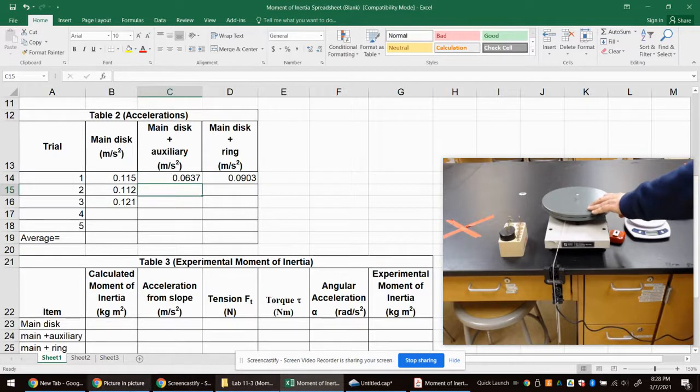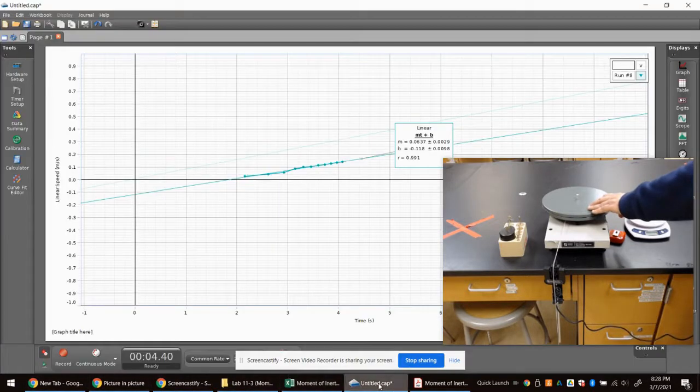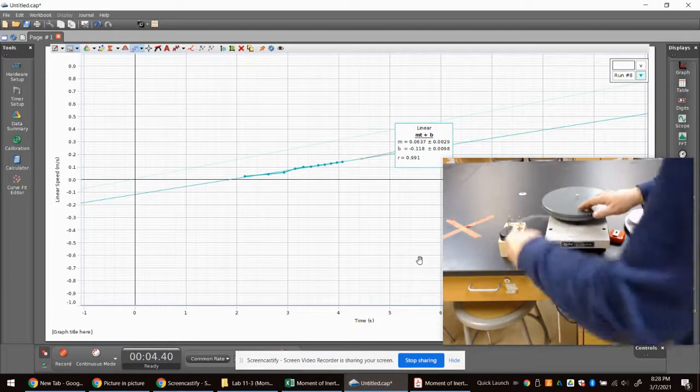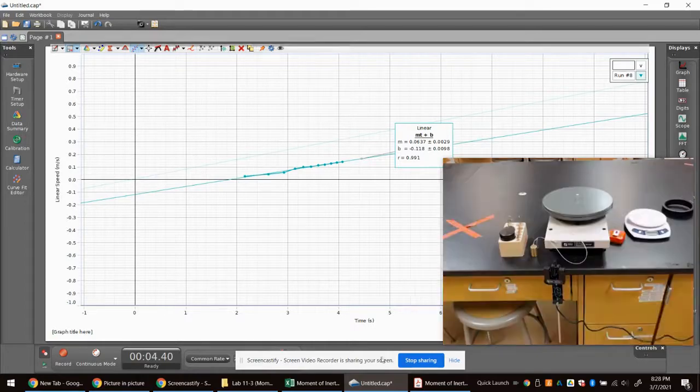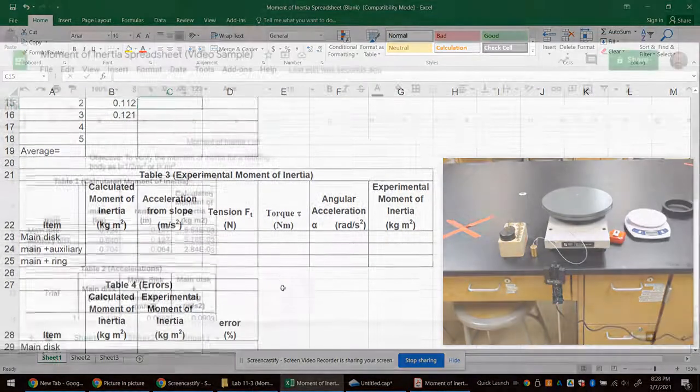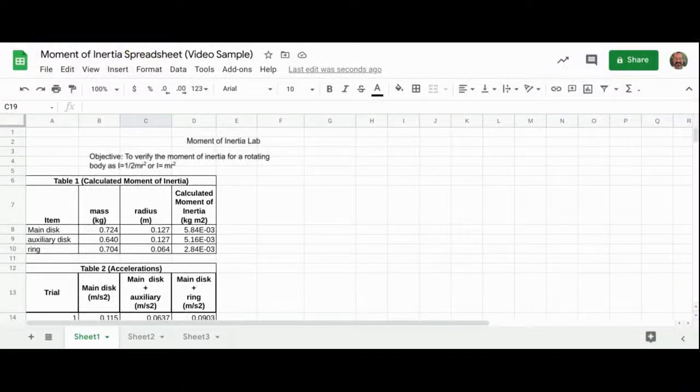And we get our measurements as we go along here. From there, once you've done all of these trials, you are then going to do the calculations, which we're now going to go through in the spreadsheet program.